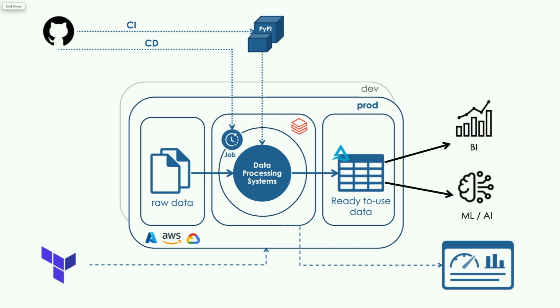We are not just building pipelines because we like building pipelines. A data engineering role is not just about building pipelines. You will not be evaluated by the number of pipelines you can build, for example, in a month, okay?